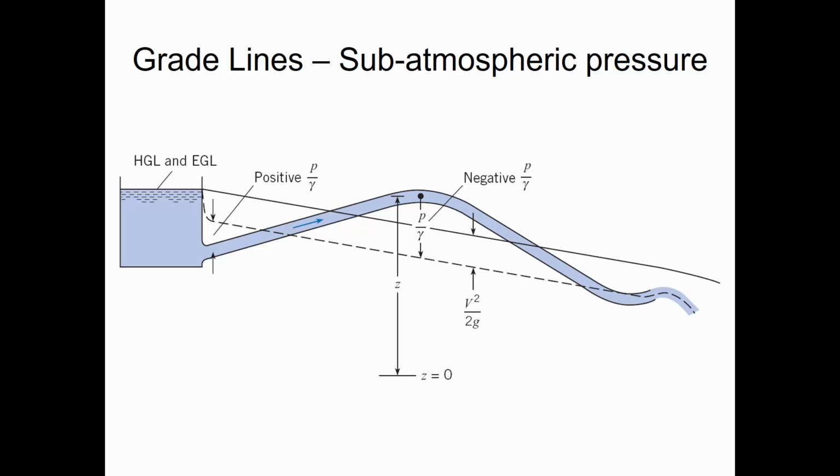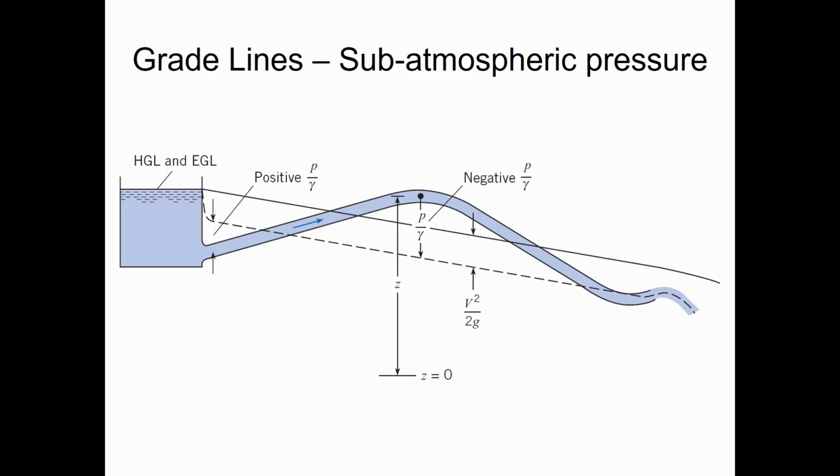So when the water is going up in elevation, the HGL is unaffected by that change of elevation because you're simply exchanging elevation head and pressure head. Both of them still continue to slope downward at the same rate, the EGL and the HGL.